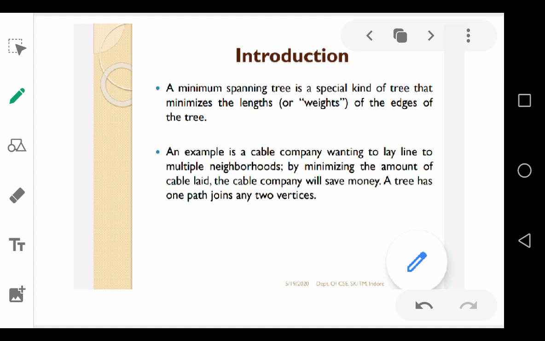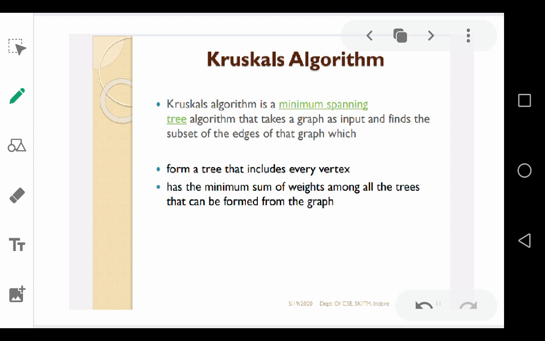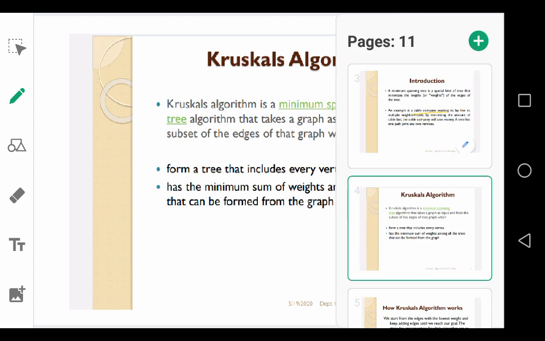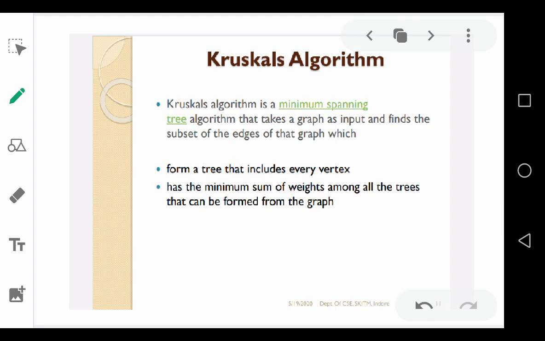We had discussed the cable company example, where the cable laying cost should be minimum and should provide facilities to the maximum customers. Technically, a minimum spanning tree is a spanning tree with the minimum or smallest weight.